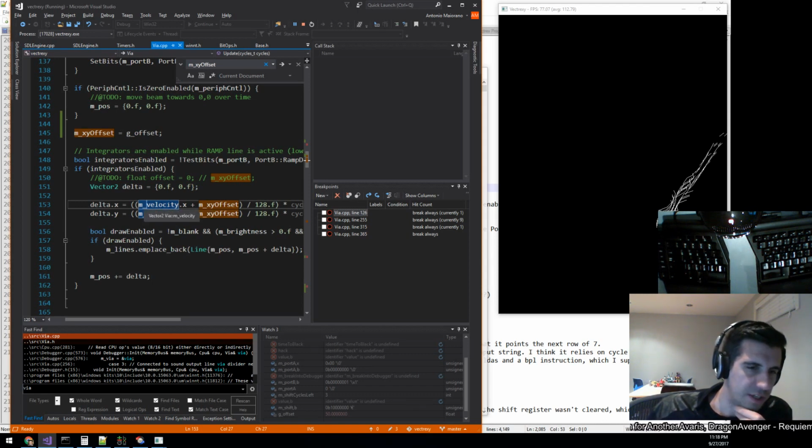So if the strength or the speed for X is minus 50 and the offset is 50, we want it to be minus 100.